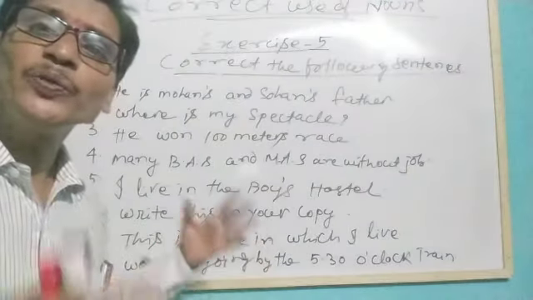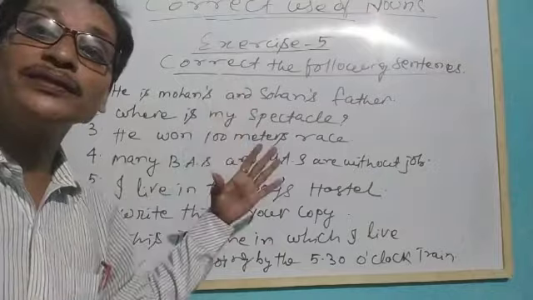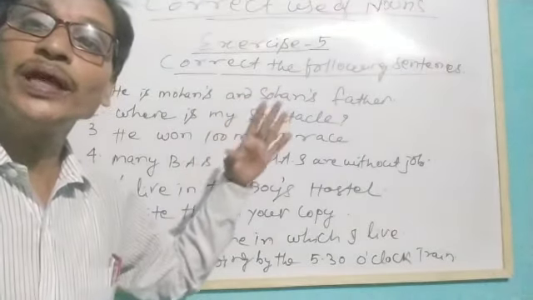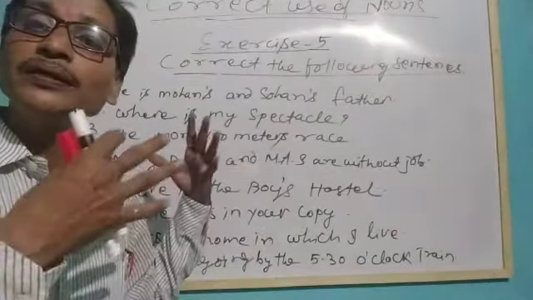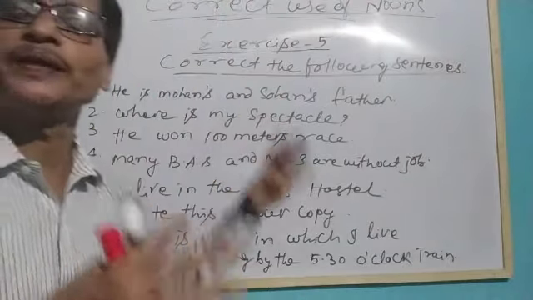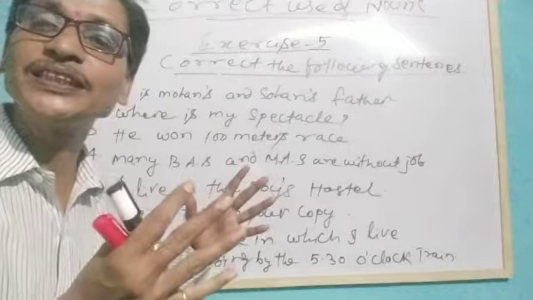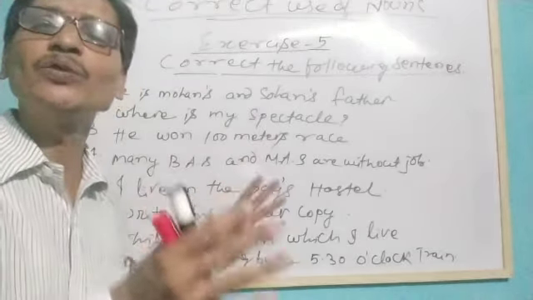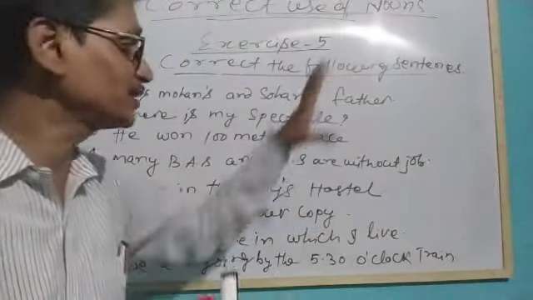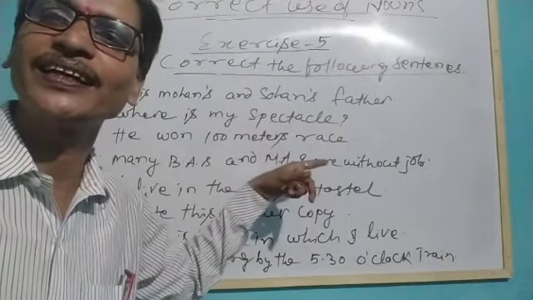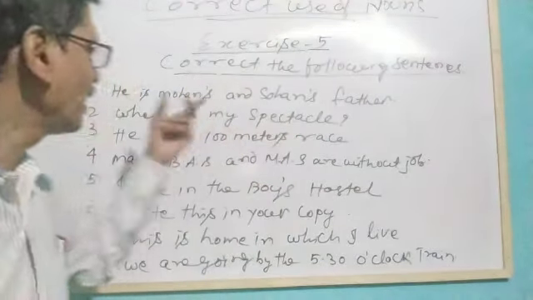How can we rectify? We can rectify in accordance with the rules we have learned about the correct use of nouns, the formation of possessives, the use of possessives, and the singular and plural use of nouns. These three things we discussed earlier. Now you can remember and recall.